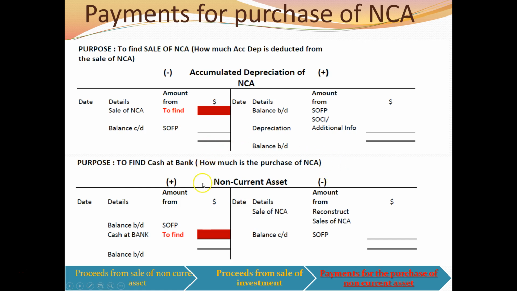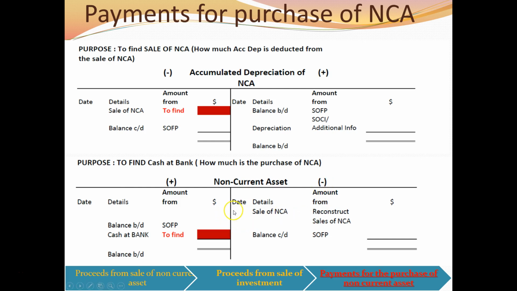Then when we open our non-current assets account, the whole purpose is to find how much money we actually paid to purchase our non-current assets. Opening balance comes from the SOFP, closing balance comes from the SOFP, the positive sign relates to BD, and the negative sign relates to CD.